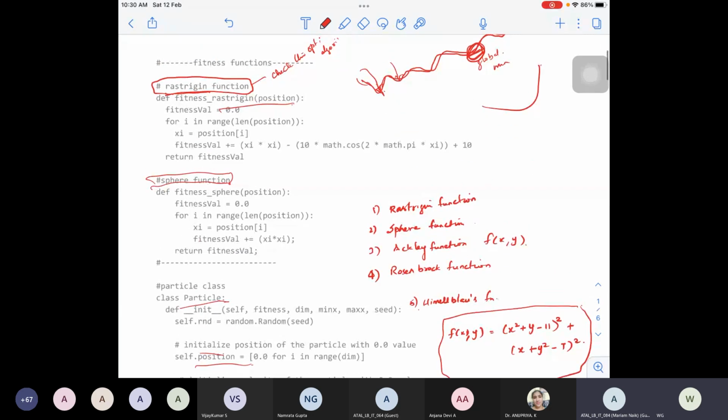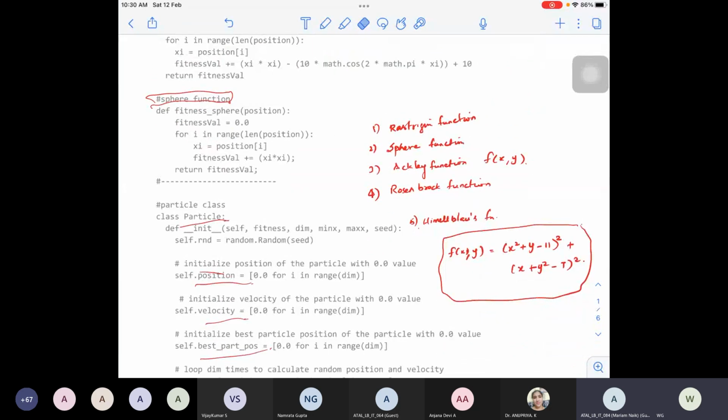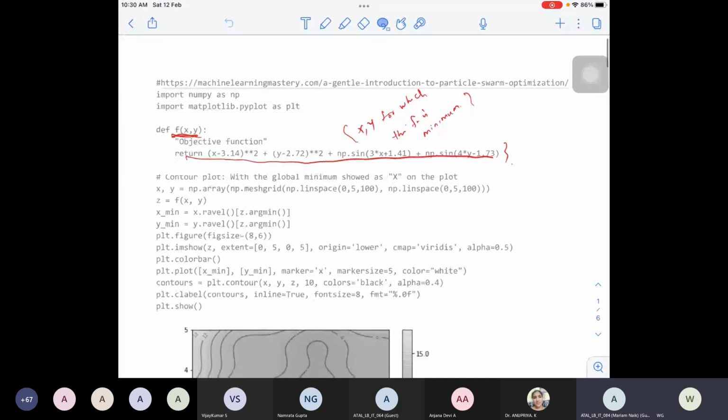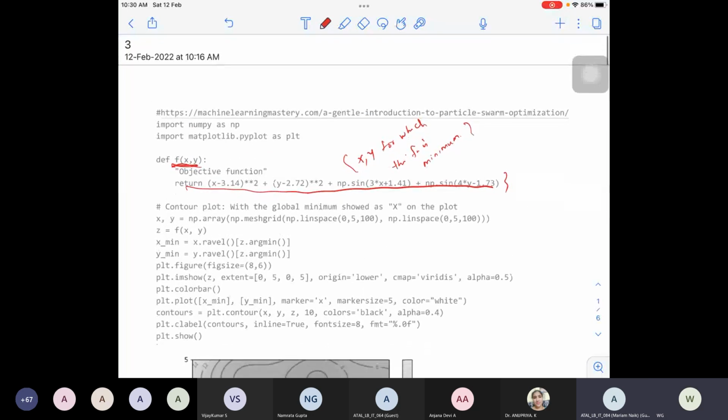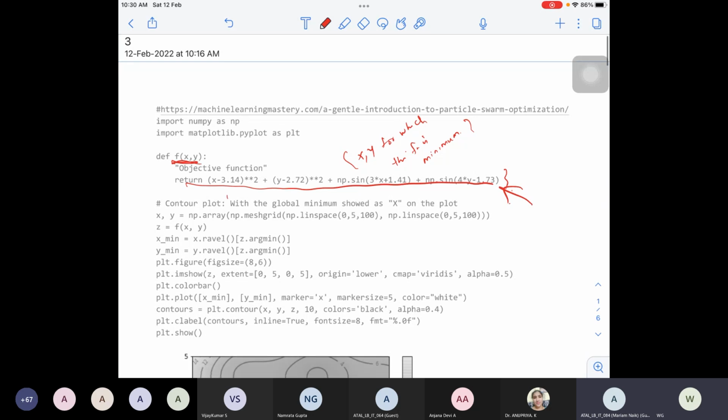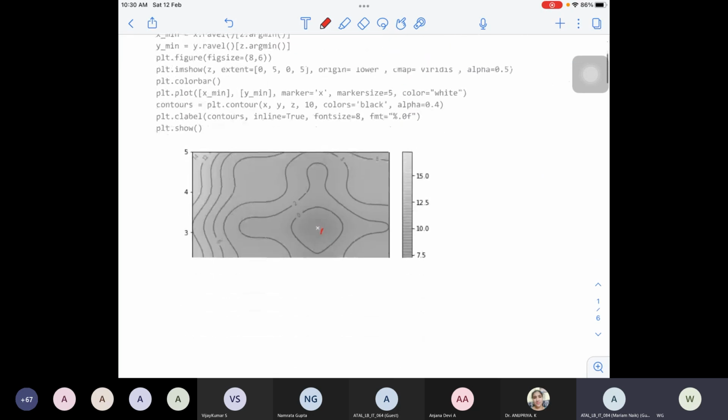Here you can replace it in its position, because this is also a function of two variables x and y, and check how the Himmelblau function works with respect to this.